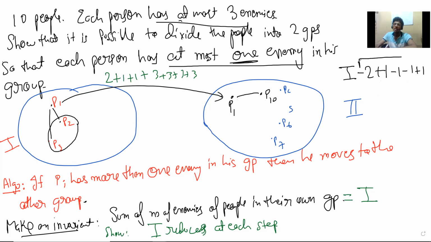You can see that this quantity is -1 at least, right? Whatever, you can check that. Yeah, it's -2 actually. So very good. It reduces by 2. So I goes to I -2. Initially we had I number of enemies, and then that goes to I -2.